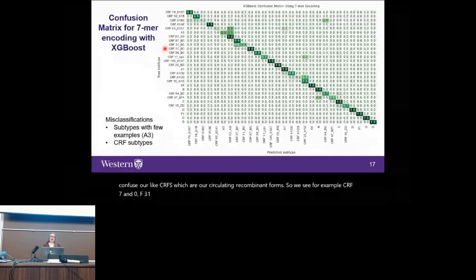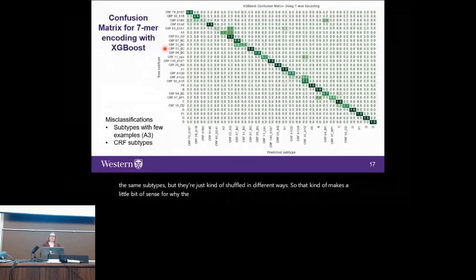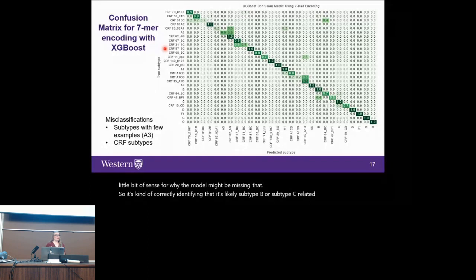These recombinant forms are derived from unique recombination events between subtype B and subtype C. So these recombinants are composed of the same subtypes, but they're just shuffled in different ways. So that kind of makes a little bit of sense for why the model might be missing that. It's correctly identifying that it's likely subtype B or subtype C related, but there's still a little bit of room for improvement in that sense.